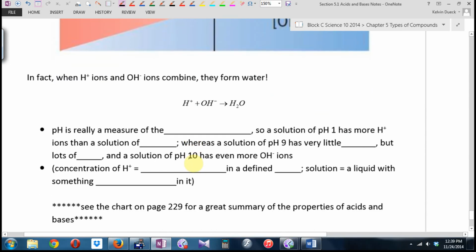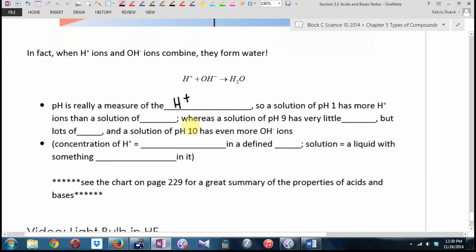So really, pH is a measure of the H plus ions, how many of those there are. That's why it's called the power of hydrogen. So a solution of pH 1 has more H plus ions, more hydrogen ions, than a solution of pH 2. And a solution of pH 2 has more hydrogen ions than a solution of pH 3.